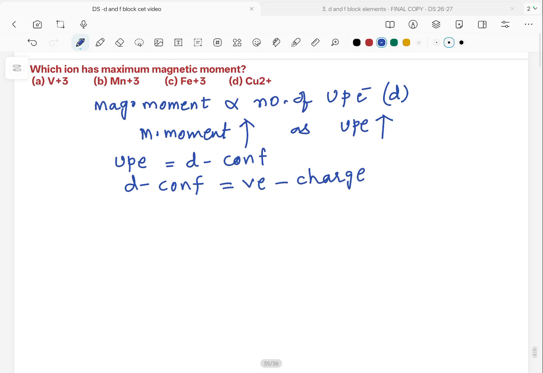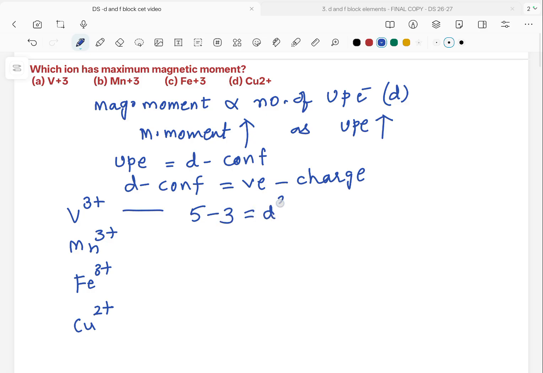Let's find out here. Vanadium is 3 plus, manganese is 3 plus here, whereas iron is also 3 plus. Copper is in 2 plus state. The valence electrons of vanadium is 5 minus 3. It ends with D2 configuration with 2 unpaired electrons here, whereas manganese has 7 valence electrons, loses 3 electrons because the charge is 3, and ends with D4 configuration, meaning there are 4 unpaired electrons.